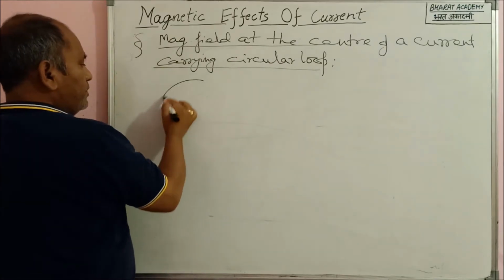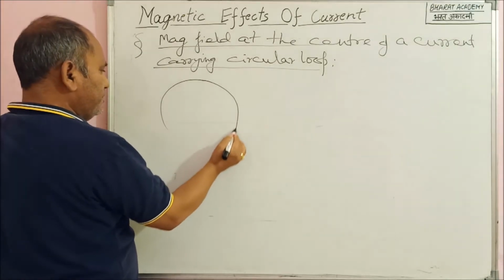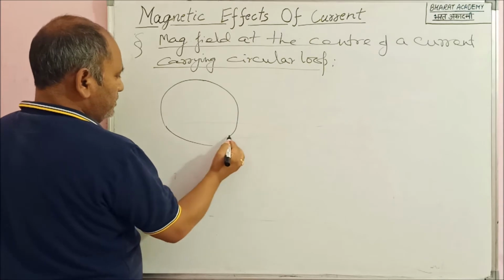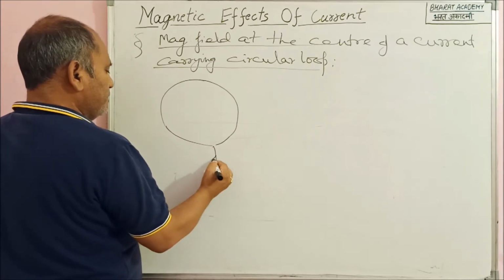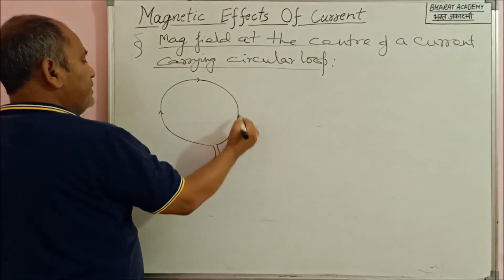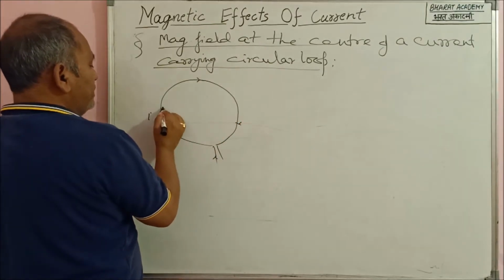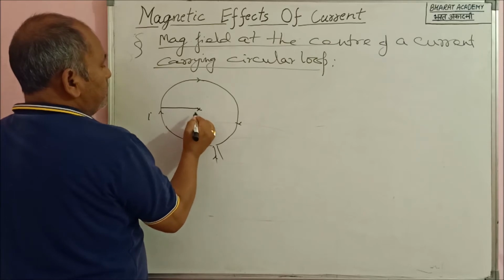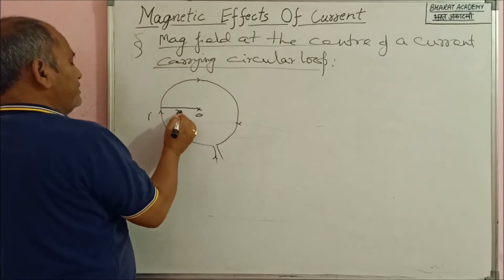Just consider a circular loop of radius R, and I is the current flowing through it. R is the radius, this is the center.